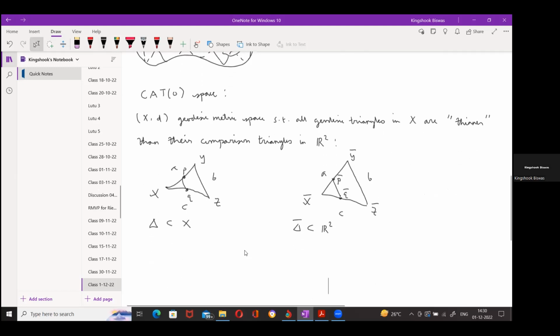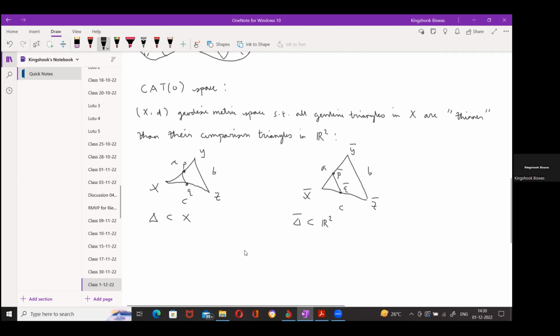So the distance PQ is less than or equal to the distance P bar Q bar.